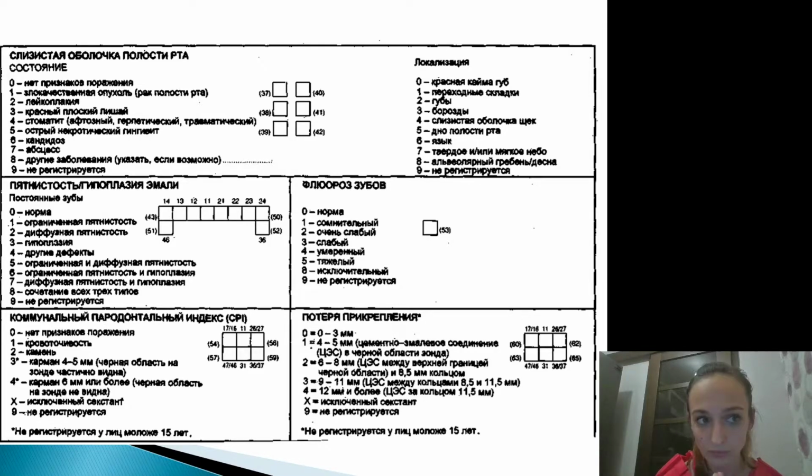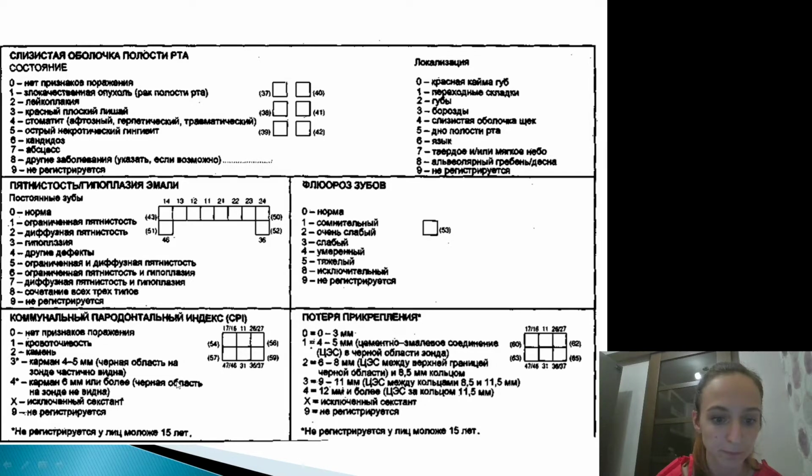The first table is diseases of the mucous membrane. The second table is different defects, different diseases of enamel and dentin, fluorosis of the teeth.